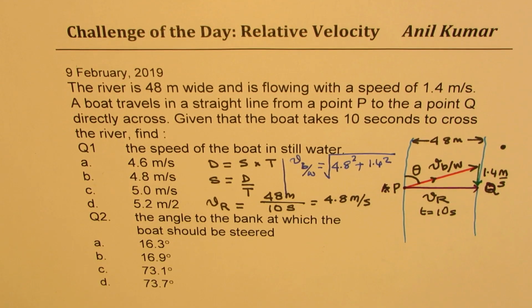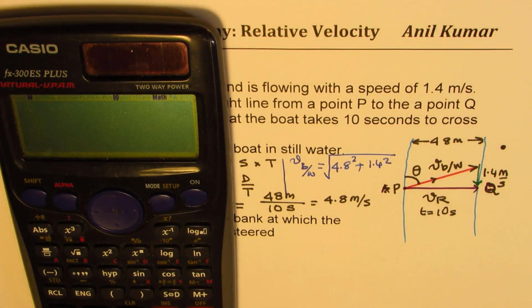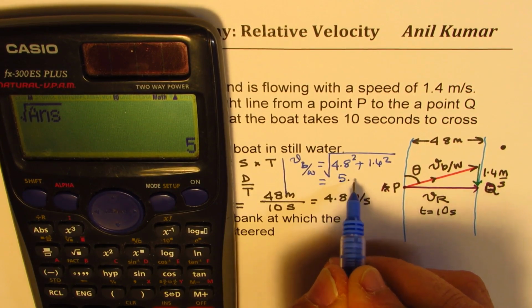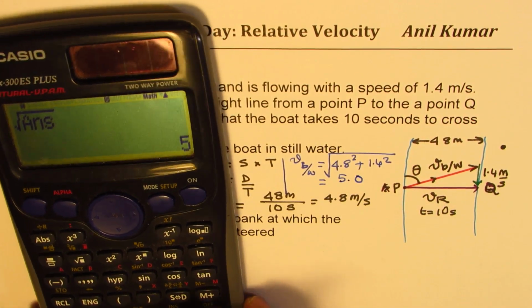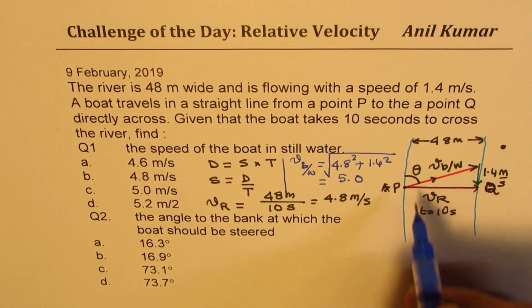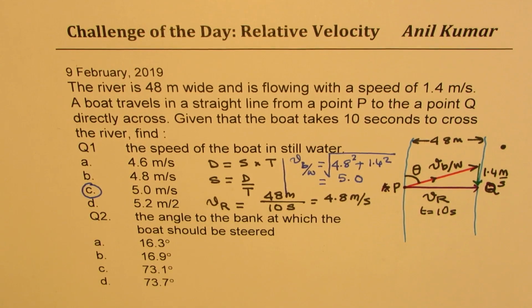So it is equal to the square root of 4.8 square plus 1.4 square, which was 25, and we get our answer as 5.0. So it is more than that, right? 5.0 is the right option. I hope you understand how we got it.